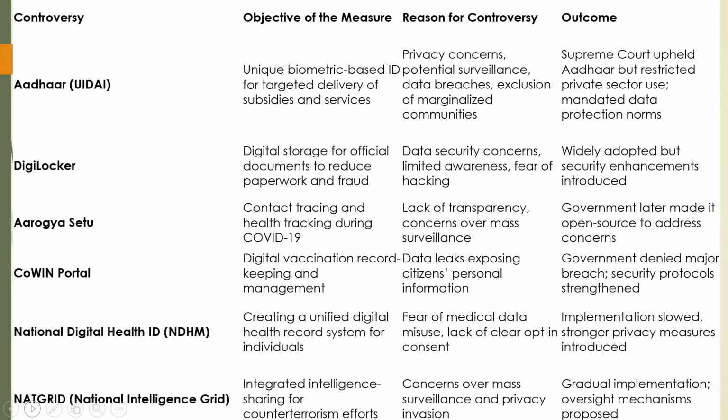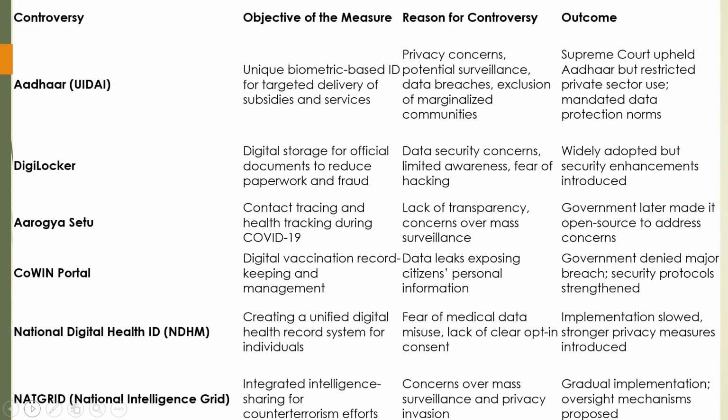There are a few controversies about the APAAR ID and other digital platforms also. What is the objective of the measure, the reason for controversy, and the outcome? First, Aadhaar, UIDAI, the Unique Identification Authority of India. Objective: a unique biometric base for targeted delivery of subsidies and services.